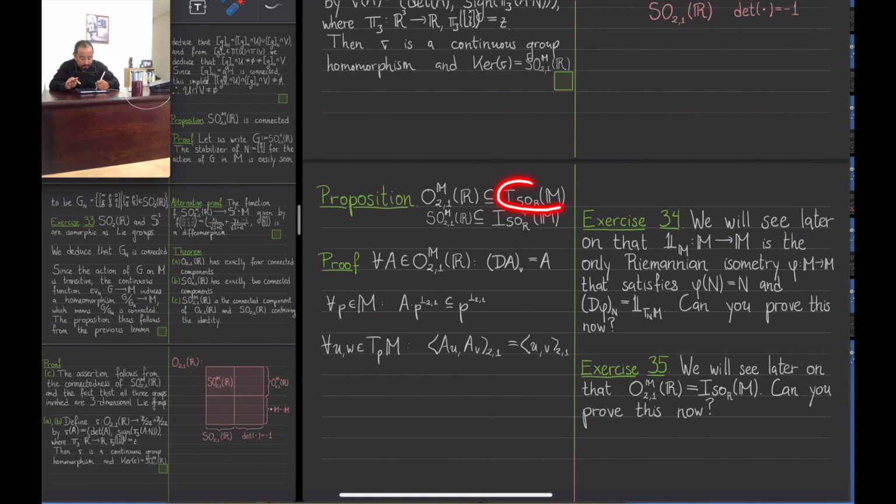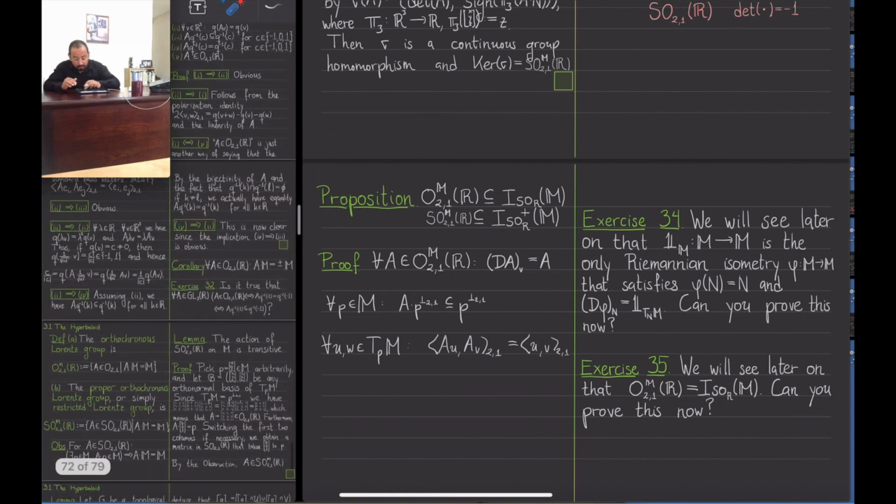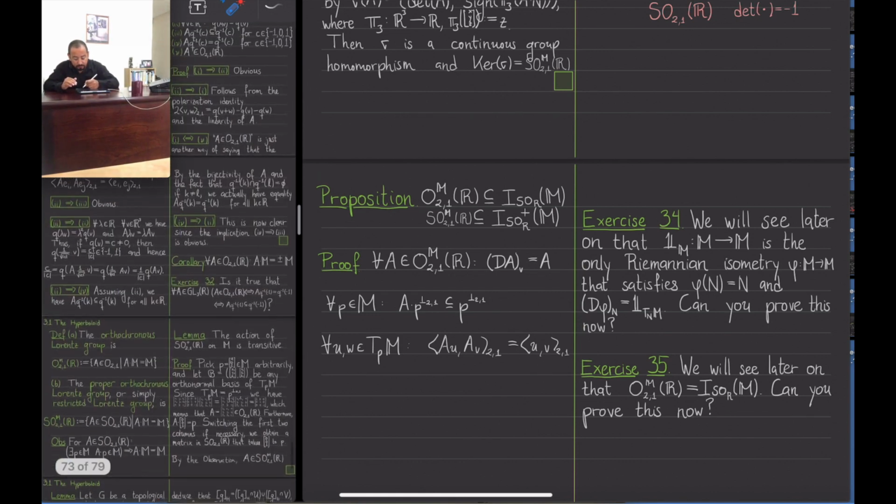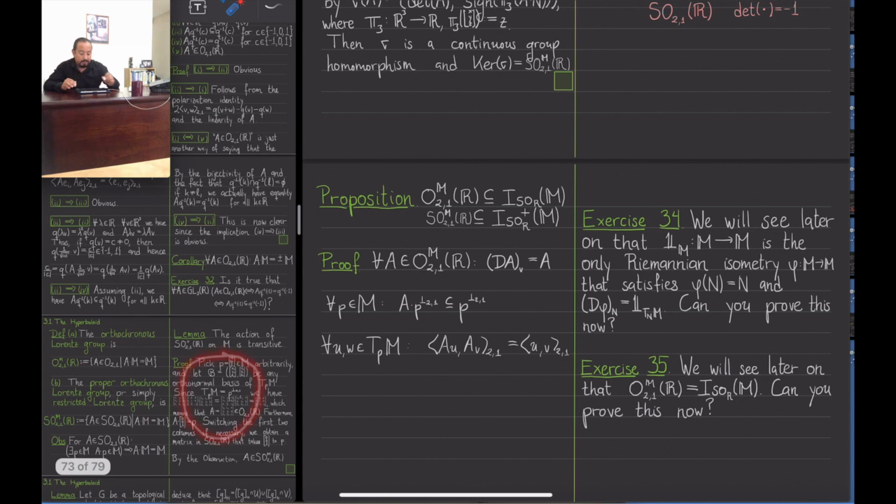Suppose that it does not come from a matrix, and look at what it does at the North Pole. So the image of the North Pole under that isometry, and the derivative, right? From the tangent space of the North Pole to the tangent space at the image of the North Pole, and with that information, form a matrix as we did before, right? Like as we did it here in the proof of the transitivity of the action.